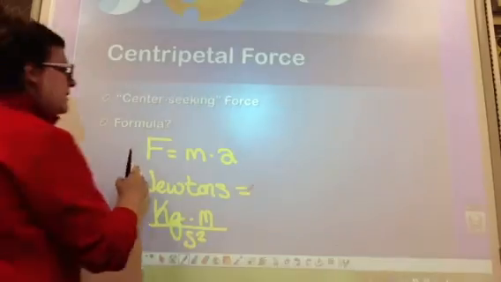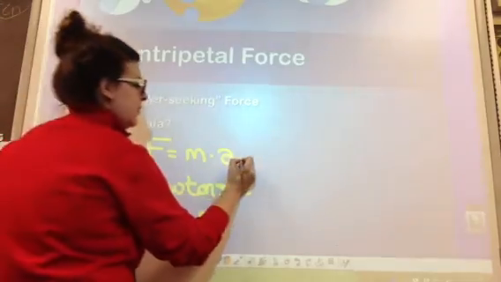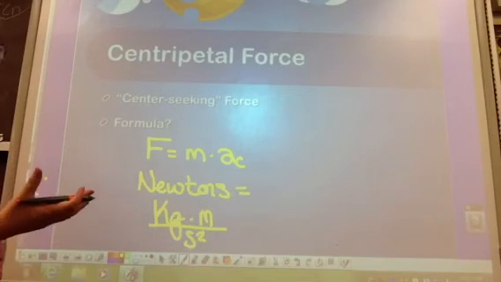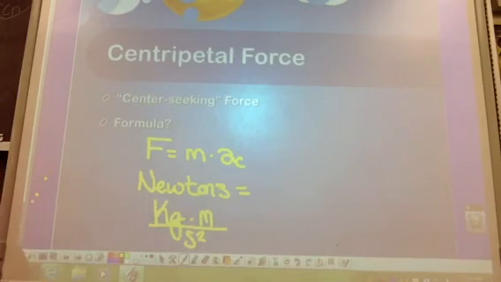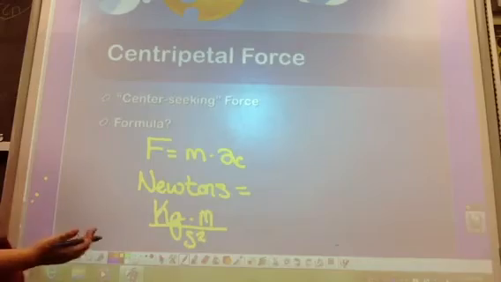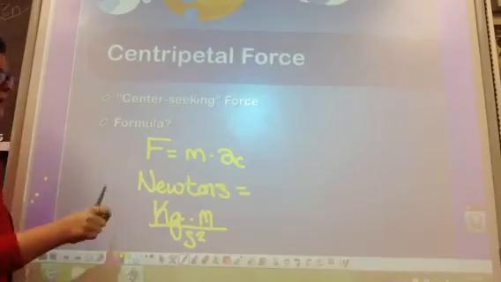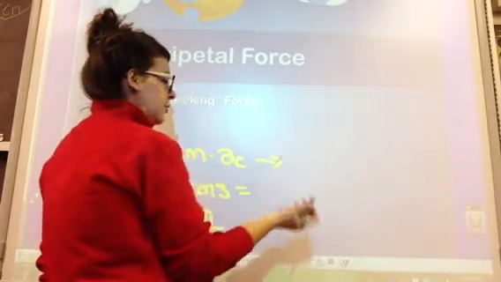I know that if this is centripetal force, I'm going to have to write that that acceleration is using centripetal acceleration because I have to be in this constant uniform circular motion. And I also know that centripetal acceleration is equal to v squared over r.